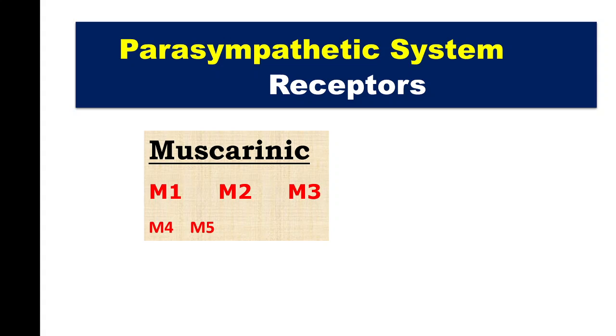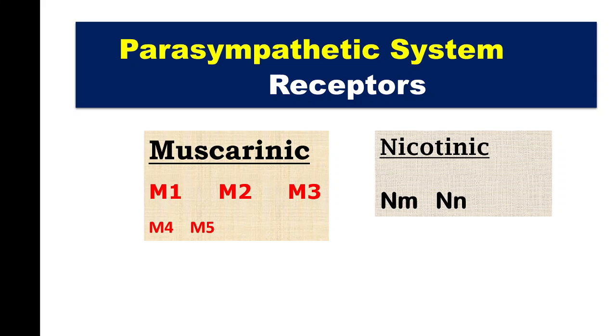M1, M2, M3. And another group is nicotinic receptors, which have two types, an M receptor and an N receptor. So muscarinic and nicotinic types of receptors. In the sympathetic system there were two types, alpha and beta.